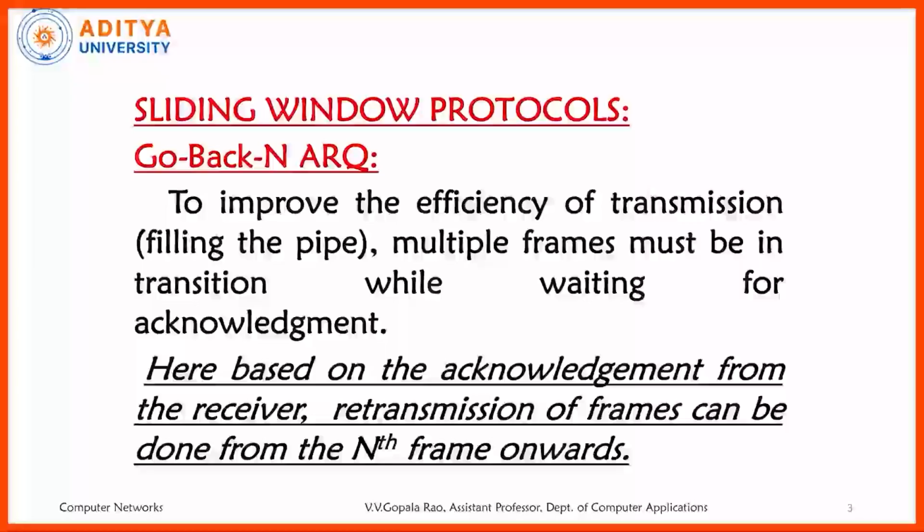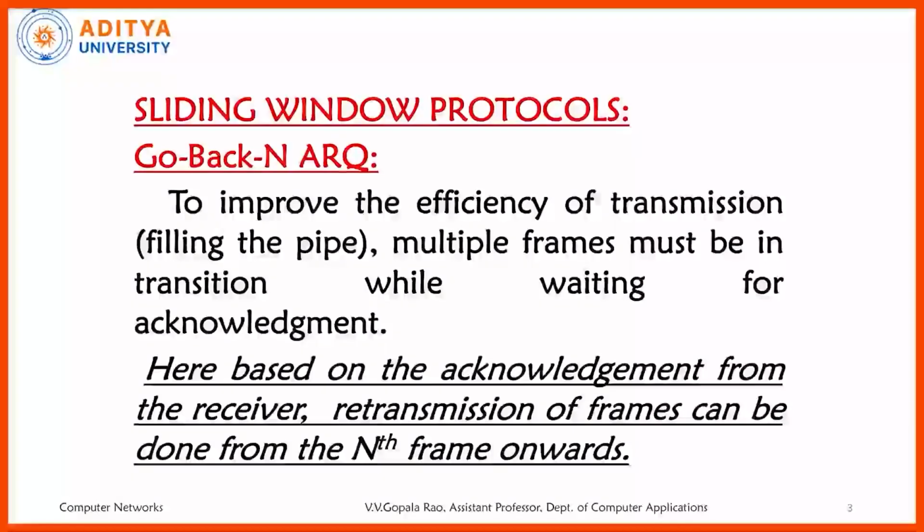Of course, Go-Back-N is a protocol meant for the sliding window, and this Go-Back-N ARQ is a procedure which follows the concept of the sliding window procedure, seen in the data link layer for the sake of flow control and error control.